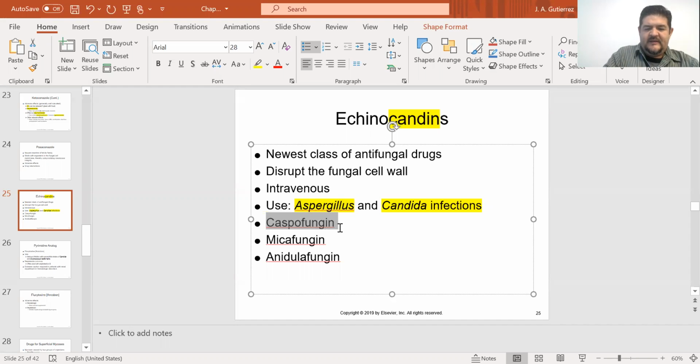Fungin is how you can identify this group of drugs. Caspofungin, micafungin, and anidulafungin. So all of them are the echinocandin group.